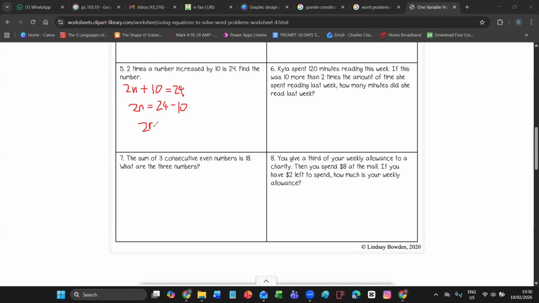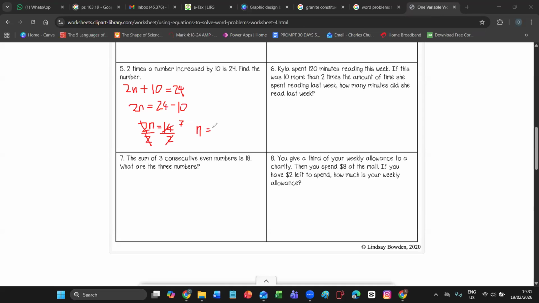And we'll divide both sides by 2 to give us 7. So we'll have that, therefore, n is equal to 7. Okay, so I think we can go to the next one now.